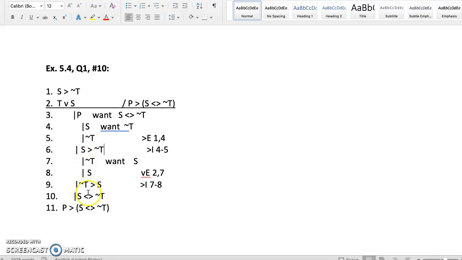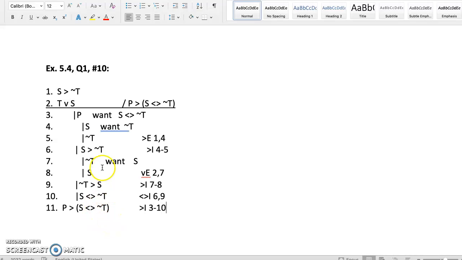So we get the biconditional then, that's the material we needed for the biconditional introduction rule, lines 6 and 9. And again, that biconditional is what we wanted here at the very beginning. So now we go back to the original indent line because we assumed P, we wanted this, so we got it. And what justifies that is the conditional introduction rule, lines 3 through 10.